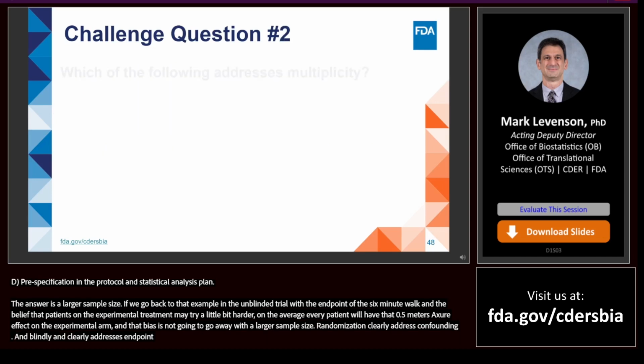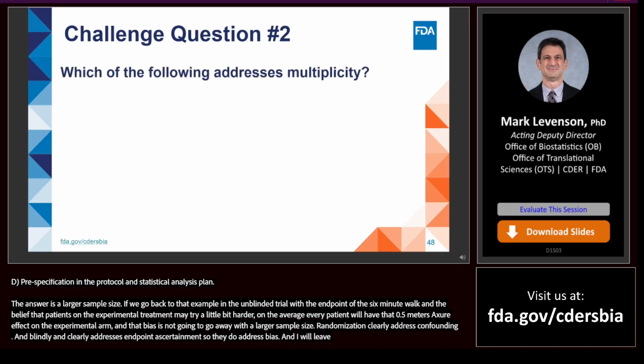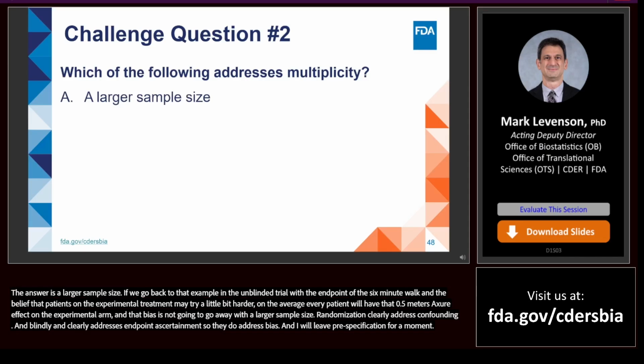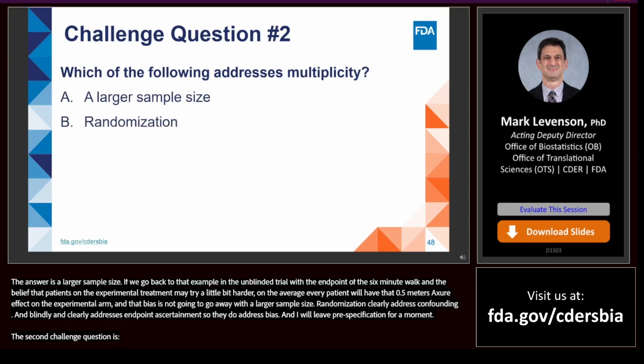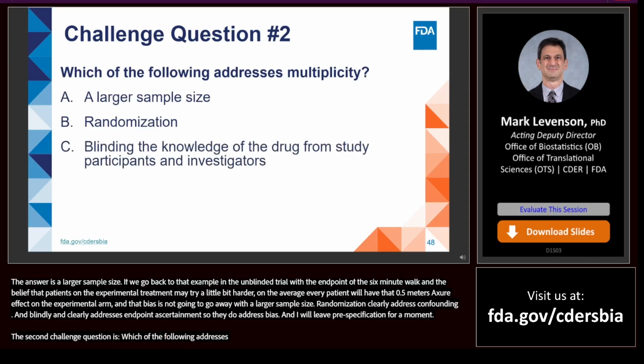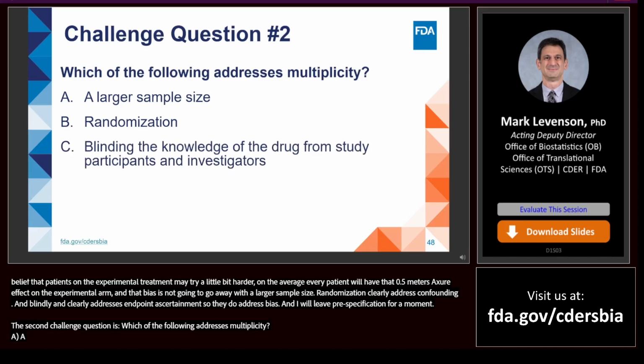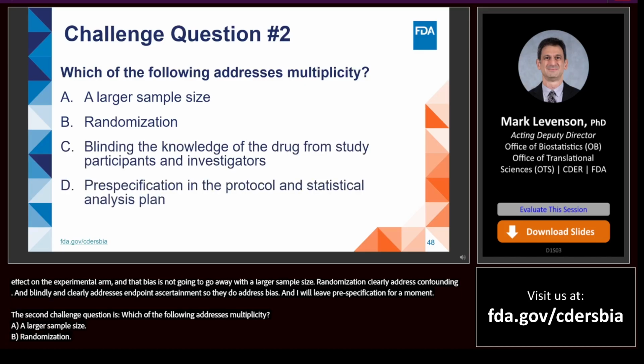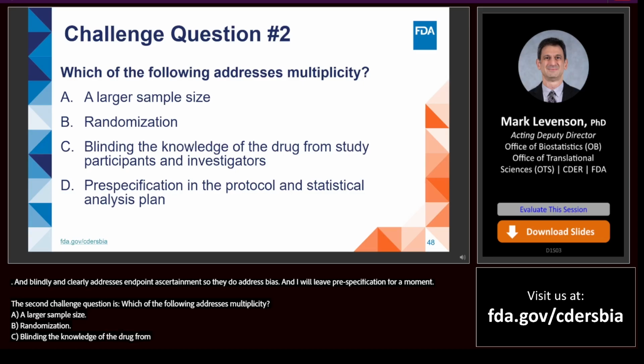The second challenge question is, which of the following addresses multiplicity? A larger sample size, randomization, blinding the knowledge of the drug from the study participants and investigators, pre-specification in the protocol and statistical analysis plan.